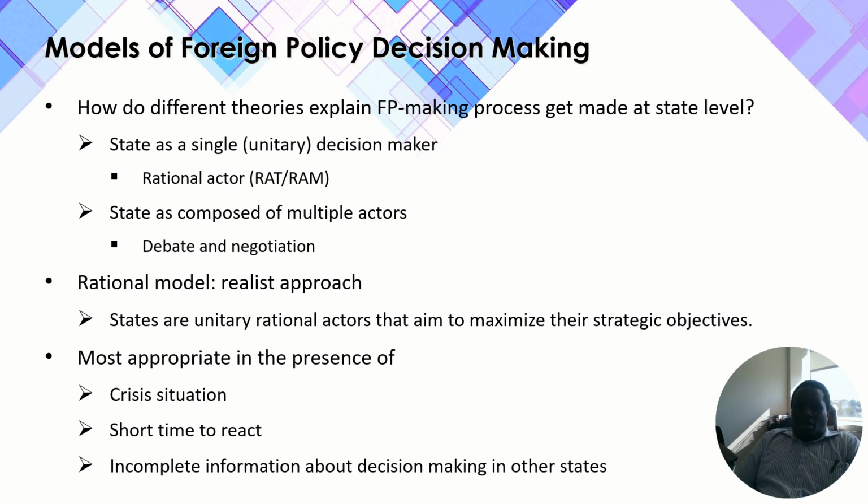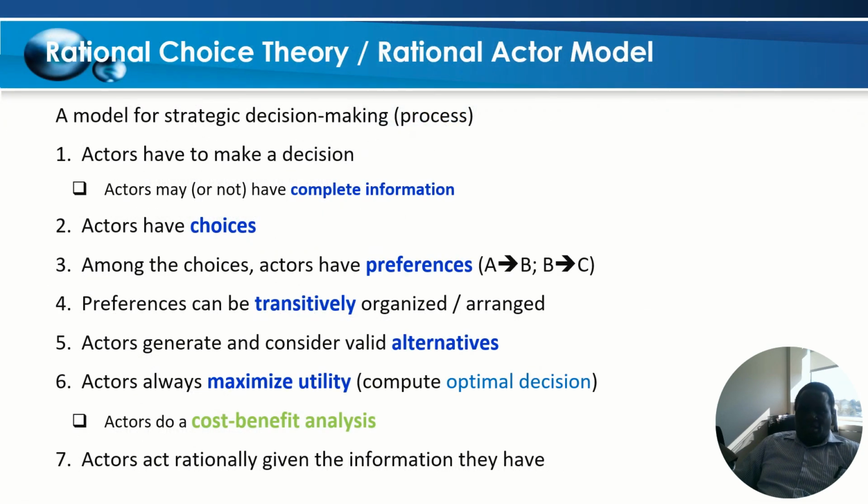But also there are those decision models that look at the state as composed of multiple actors, but also the state as a rational actor. And so sometimes when the rational actor model or rational actor theory is used, the crisis situation, short time to act, and incomplete information about other states revert to the state as a rational actor.